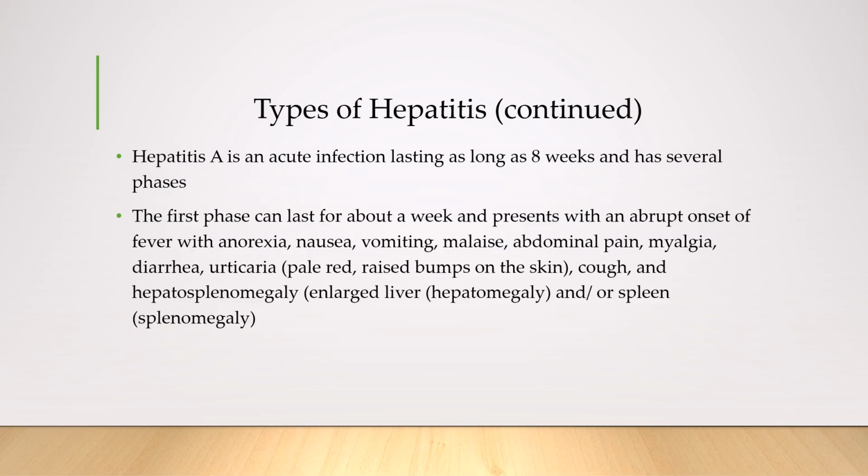They can also present with nausea, vomiting, malaise, abdominal pain, myalgia, diarrhea, urticaria, which are pale red raised bumps on the skin. They may have a cough and something that we call hepatosplenomegaly, and that is an enlarged liver and or spleen.